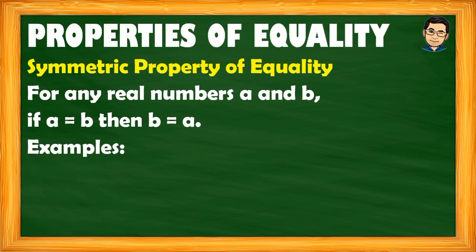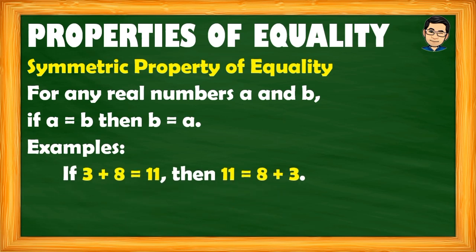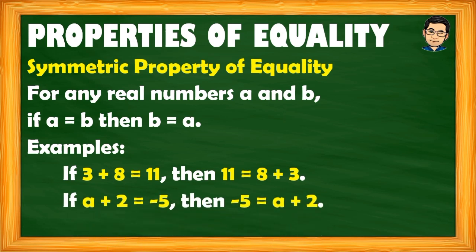Like for example, if 3 plus 8 is equal to 11, then 11 is equal to 8 plus 3. Tama nga naman na ang sum ng 3 at 8 ay 11. And then, kapag binaligtad natin yon, 11 equal siya sa sum ng 8 and 3. So that is why symmetric property yon.